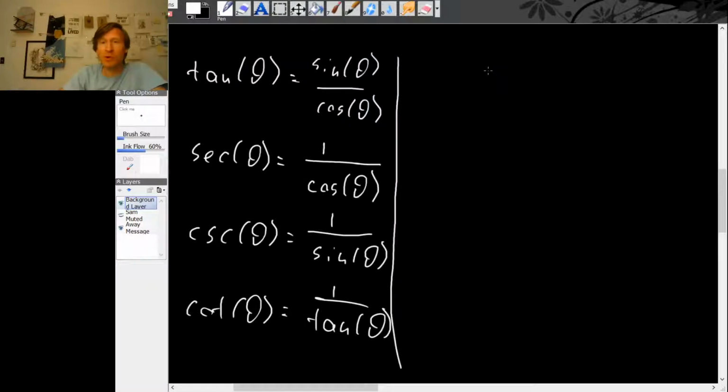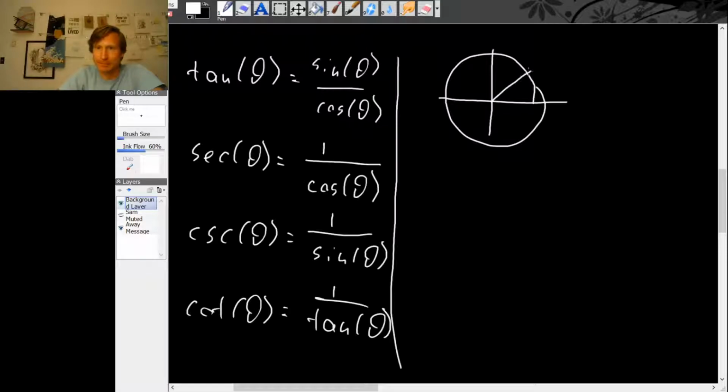There is one more important identity that we have sort of figured out so far, which is, if you're in a unit circle, then the coordinates of this point are cosine theta, sine theta, where theta is the angle down here.